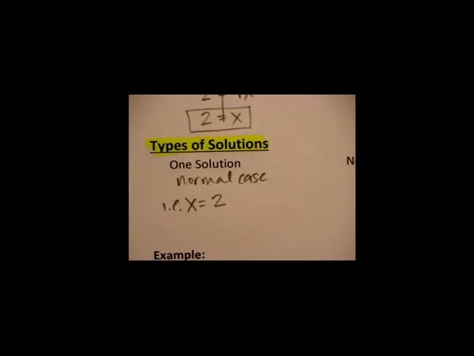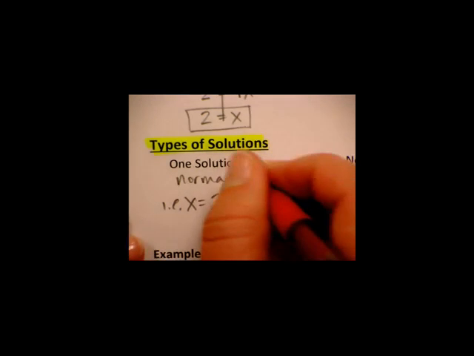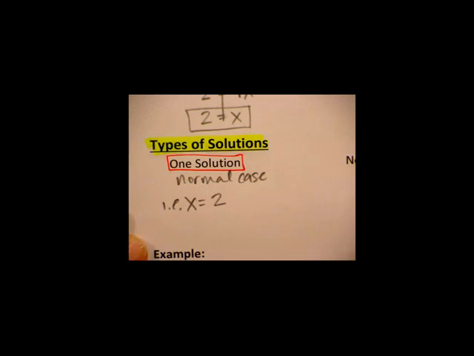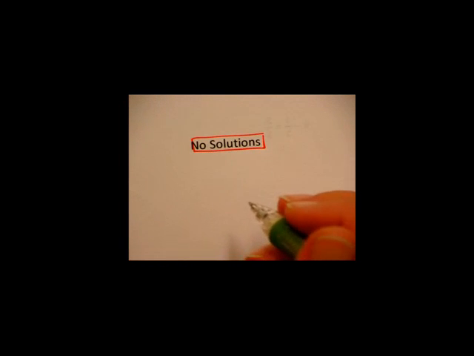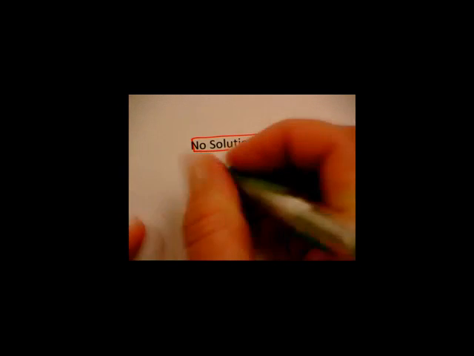The second one is no solution. For no solution, what's going to happen is as you're working this out, all of your variables will disappear and you'll land on a false statement.